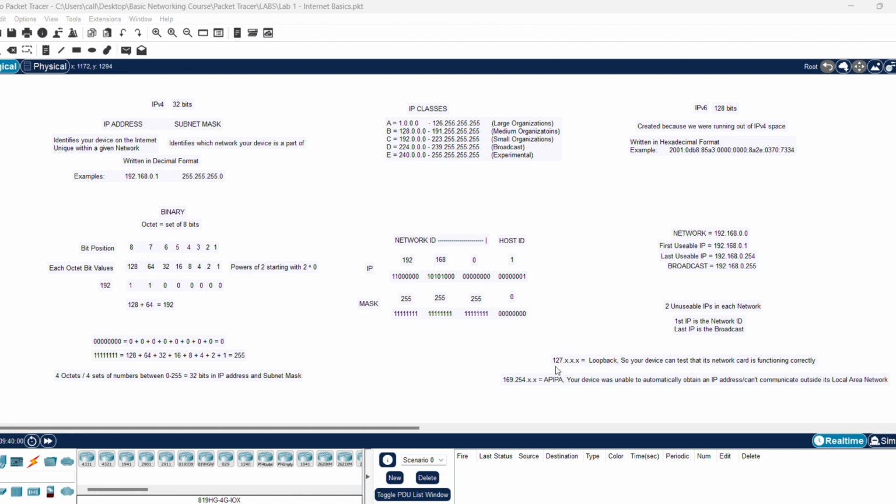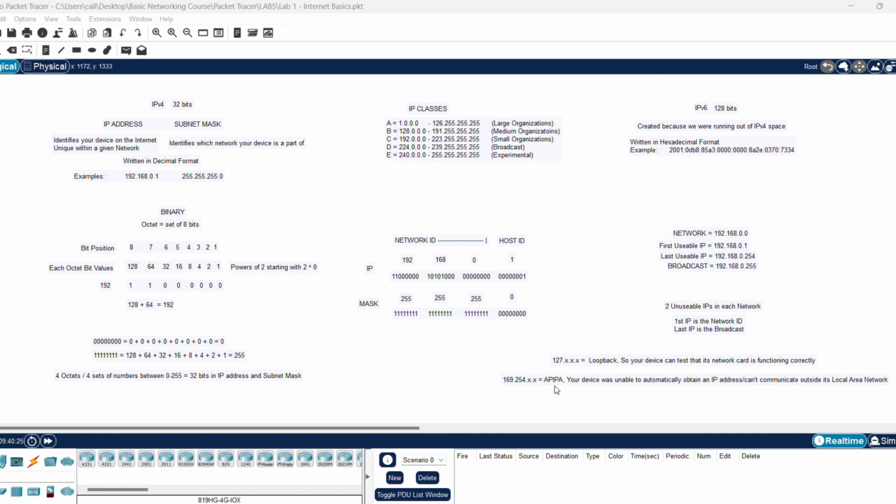And there's also 2 special networks throughout our IPs that we'll go over, which is 127. Anything that starts with a 127 would be considered a loopback address. Basically, the loopback is so that your device can test that its networking card is functioning correctly. That way you can rule out your device and the physical connection to your device as being an issue when troubleshooting. The next special network would be starting with 169.254.